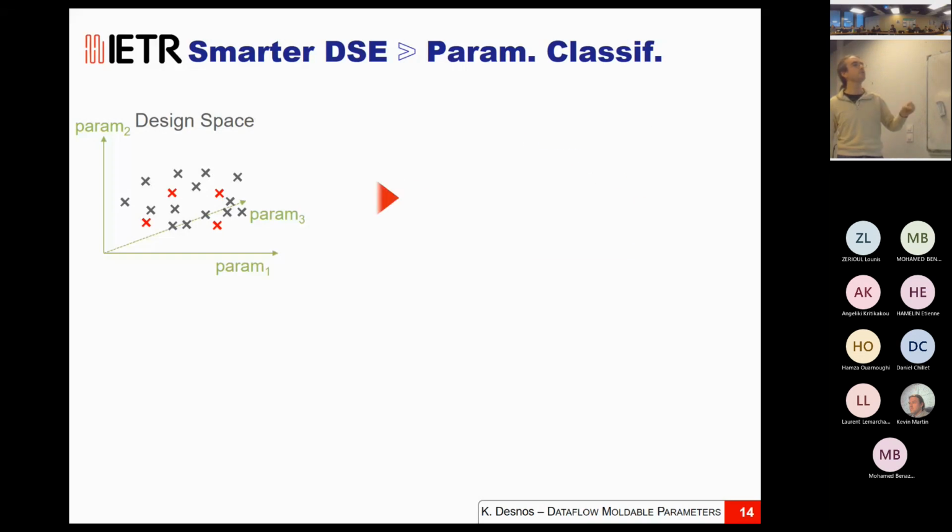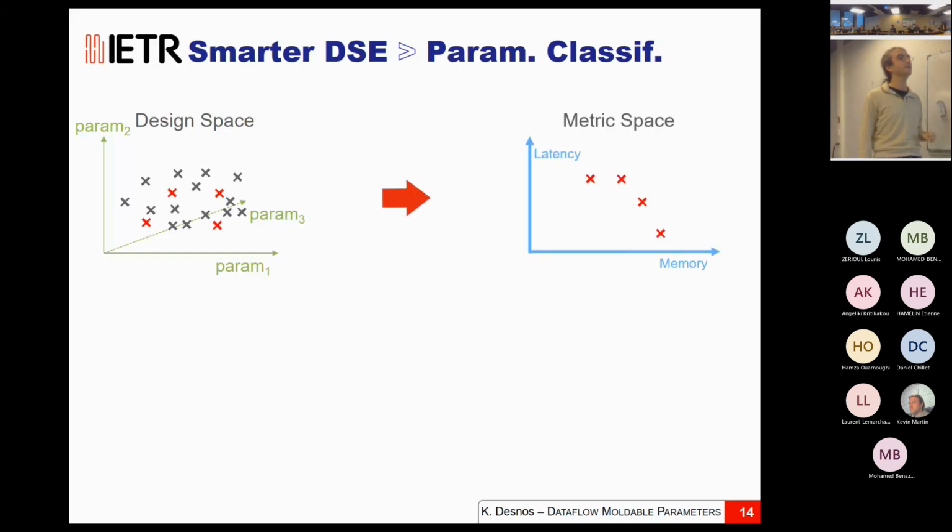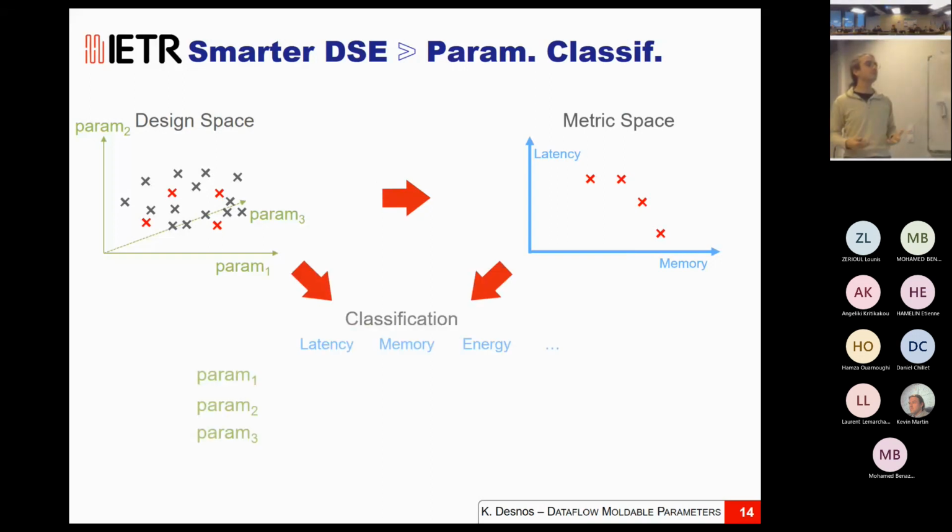From these points, we will have a first look at the metric space. We will run the simulation for these few points with the black box mapping and scheduling algorithm, and we will get a first view of the metrics. Then from these metrics, would it be possible to have a classification of the impact of the different parameters on the different metrics? Does it make sense?